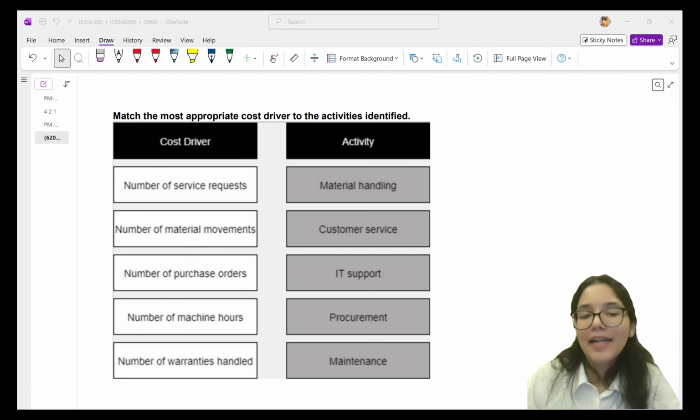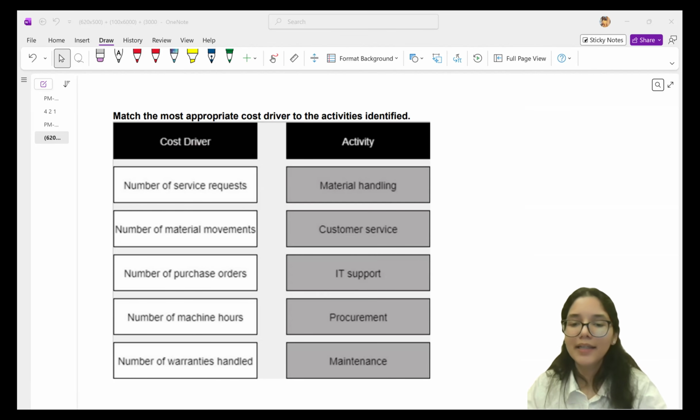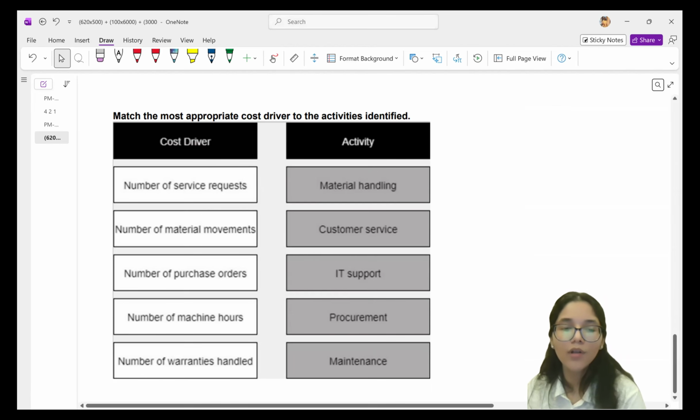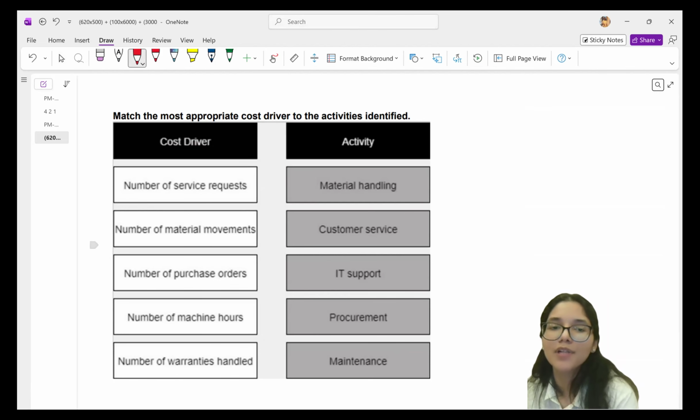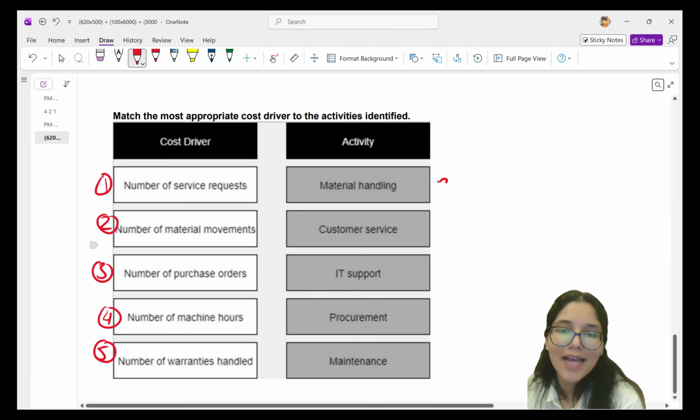Some of the things are directly correlated to each other. If you talk about the number of material movements, what can we link it to? It can lead to material handling costs. The more times the material is moving, the more material handling costs will be incurred. If I'm labeling them as 1, 2, 3, 4, and 5, I will label this as number 2.